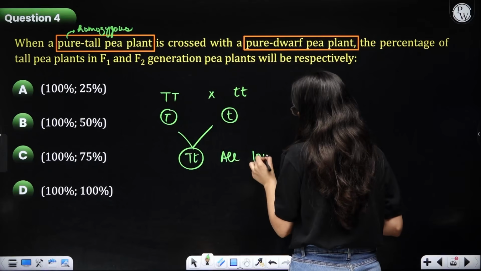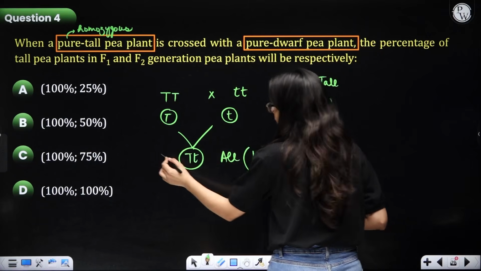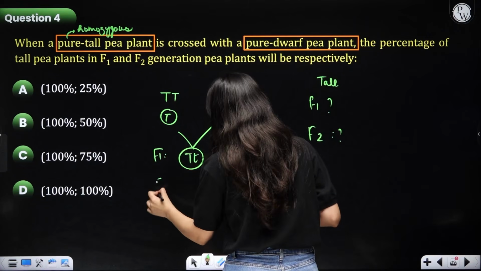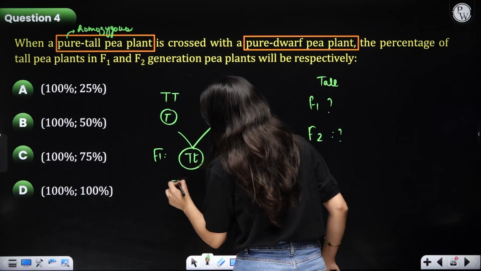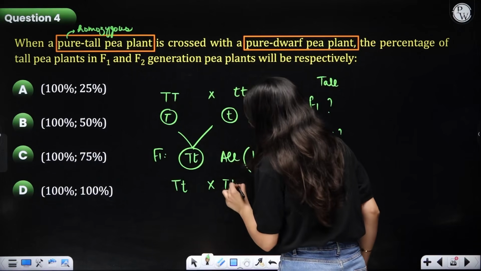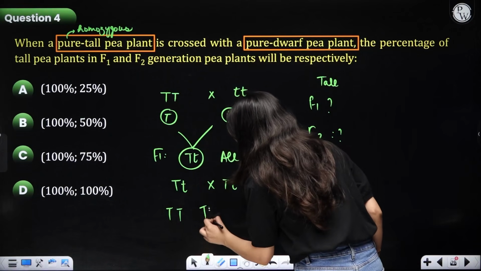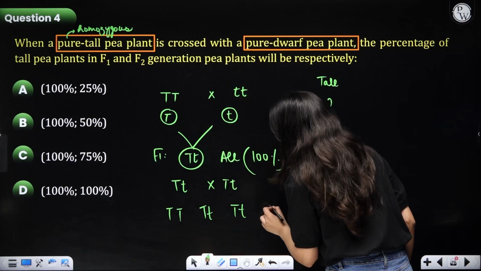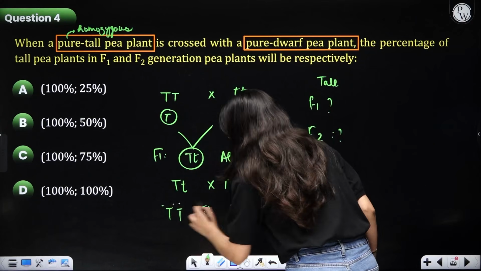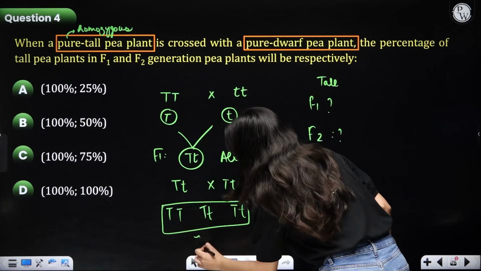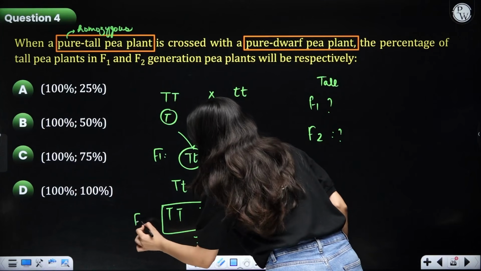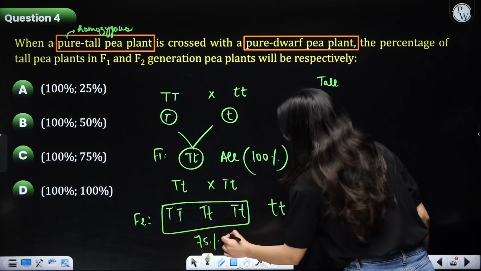So 100% will be tall in case of F1 generation. For F2, you simply have to self-cross these, and in this you will find how many are tall, beta? If you talk about the percentage, you will find that 75% of them are tall in the F2 generation. So in your F2 generation, 75% are actually tall.